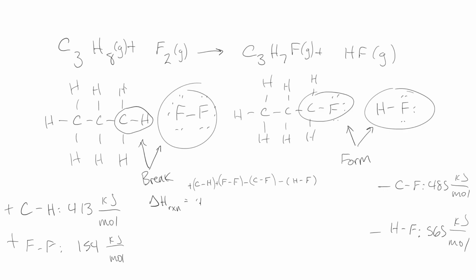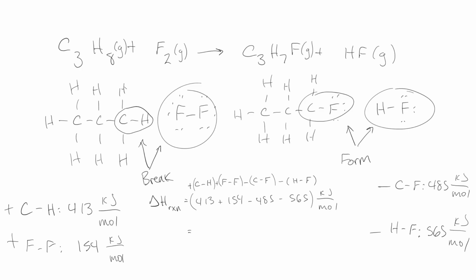So you just plug in the values: 413 plus 154 minus 485 minus 565, and we have to remember these are all kilojoule per mole values. So you do the math. Get my calculator.